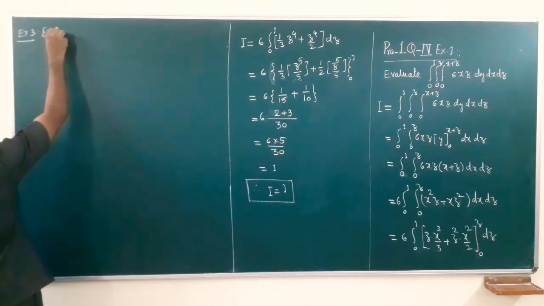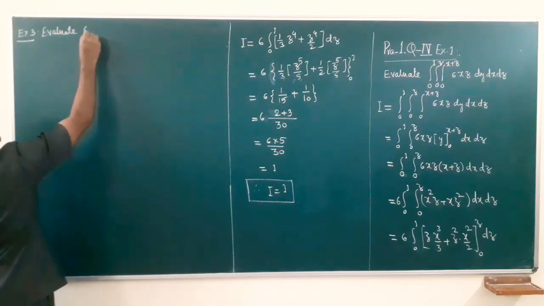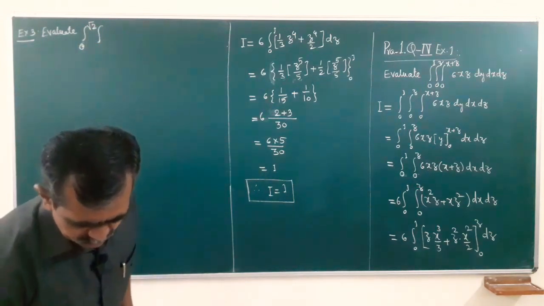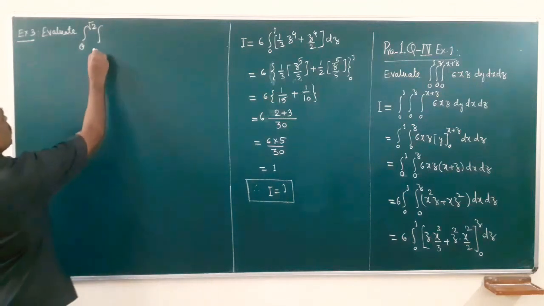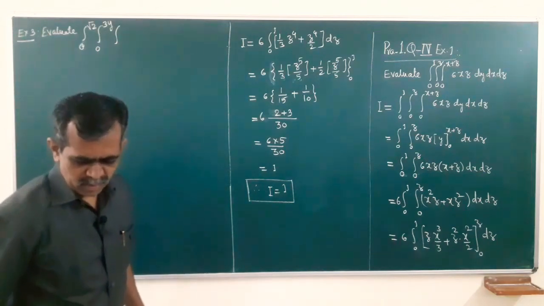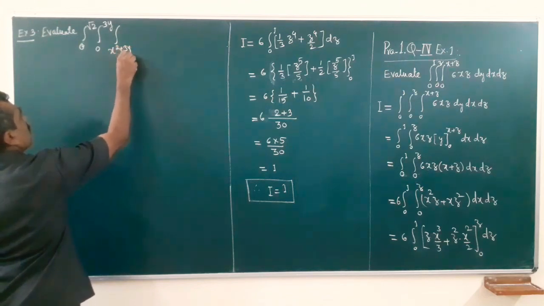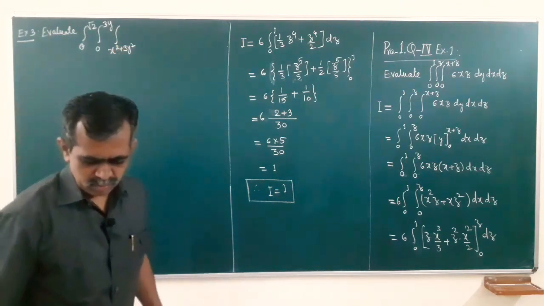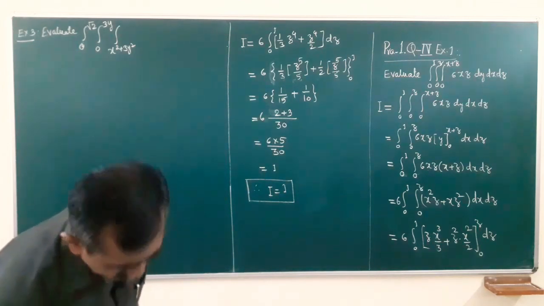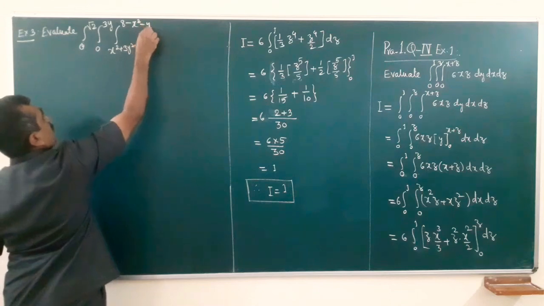Evaluate the integral from 0 to root 2, integral from 0 to 3y, integral from x square plus 3y square to 8 minus x square minus y square.